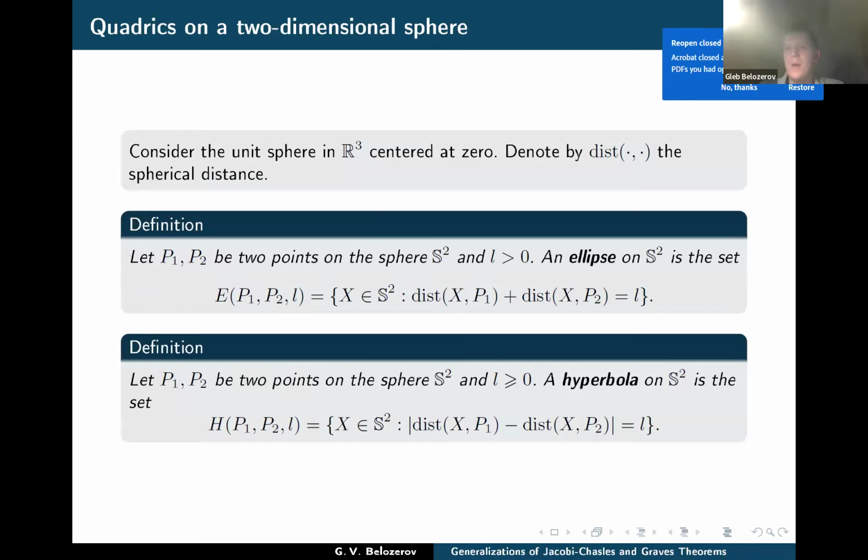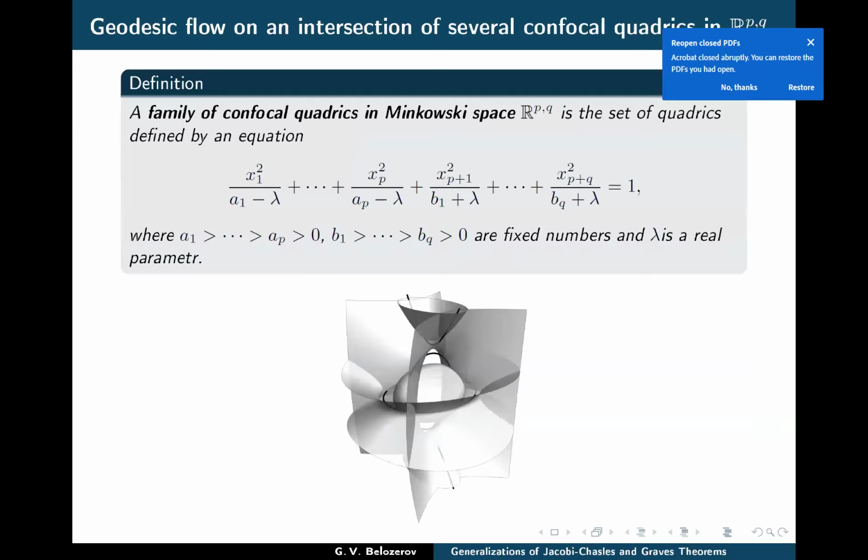Denote by this the standard spherical distance. Excuse me, in the equations there are all pluses, right? I mean, in the numerators, all minuses.